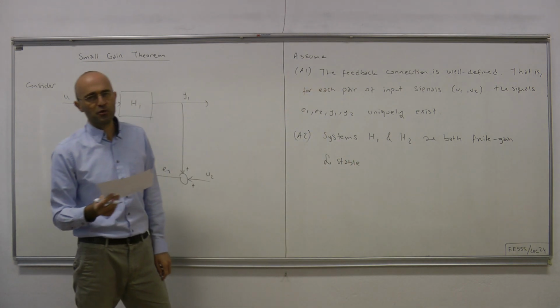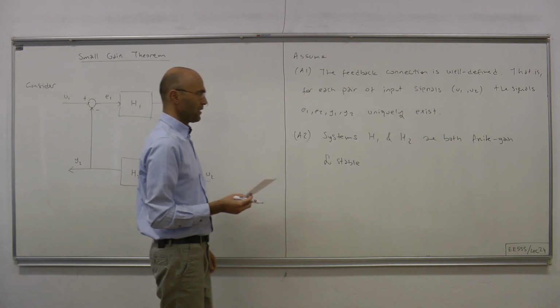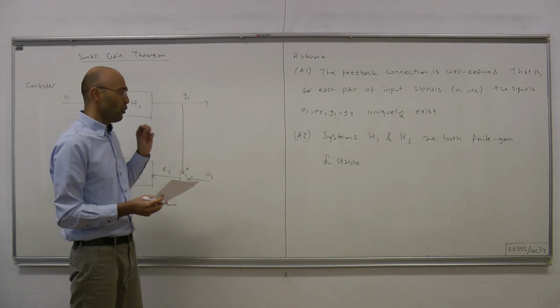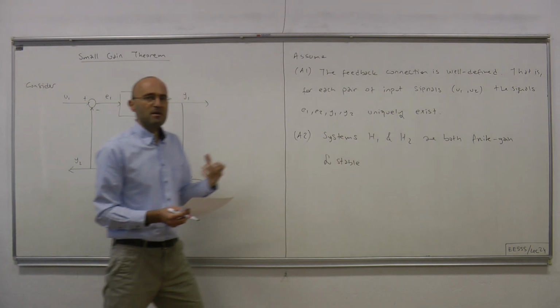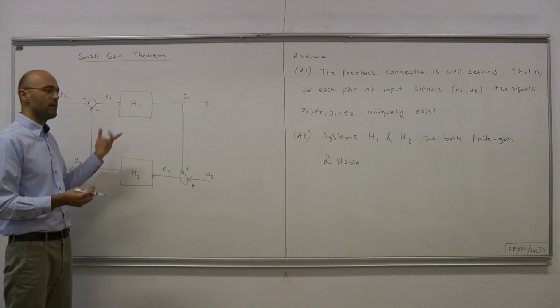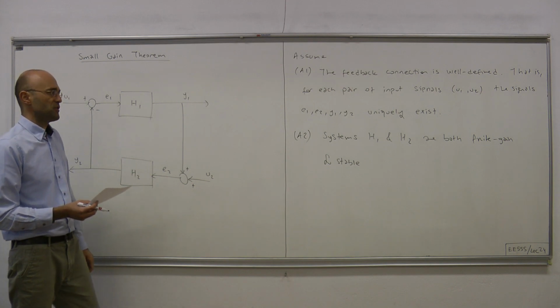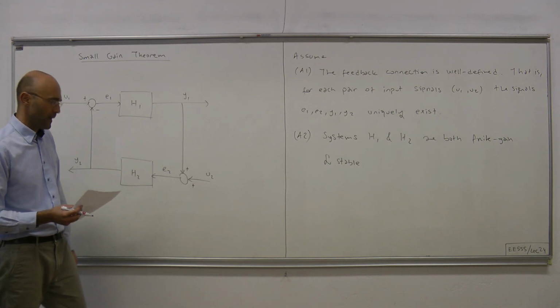We don't indicate whether they're L2 stable or L infinity stable, because we don't care. All we care about is that by L stability we mean the same L stability for both subsystems. So both are, let's say, L2 stable with finite gain, or both are L infinity stable with finite gain.